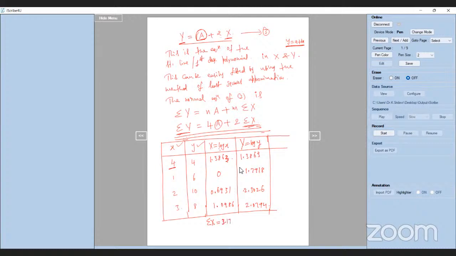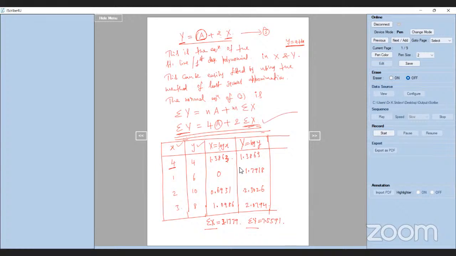Okay, next one, summation of capital Y is 7.5591. So now substitute these values in the above equations.